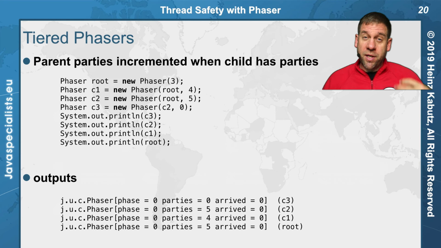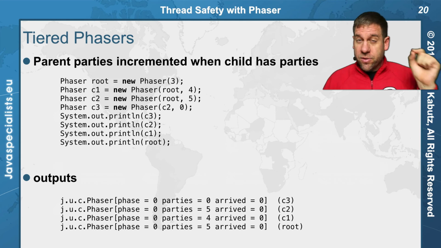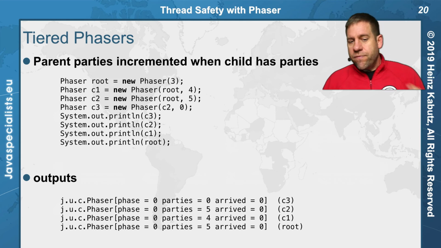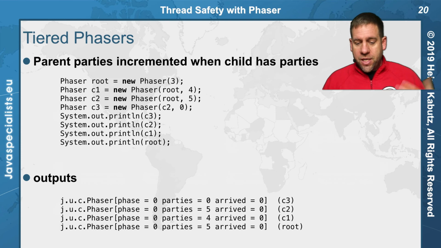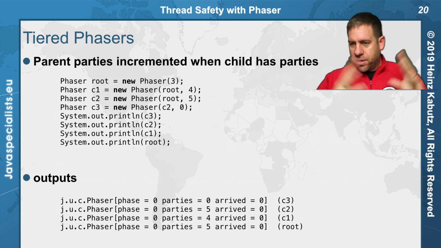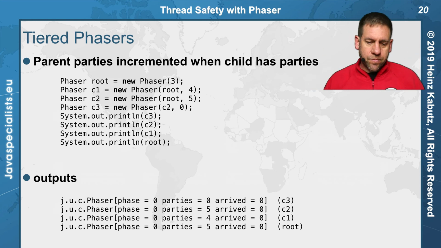If I print out C2, it's got 5 parties. Even though it's got C3 inside C2, because there are no parties inside C3, it doesn't add 1 to the parties of C2. C1 is just 4 parties, and then root is 3 plus 1 for C1 plus another 1 for C2. So there you can build up this tree, have tiered phasers.